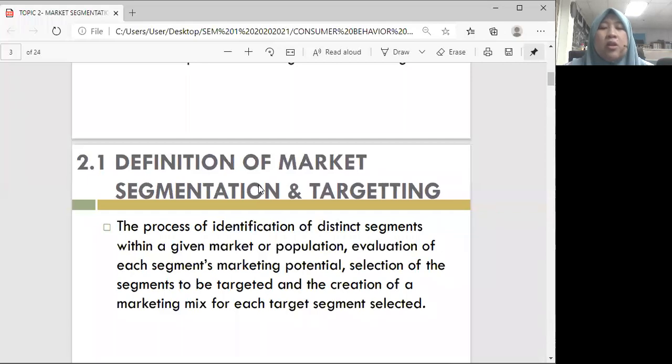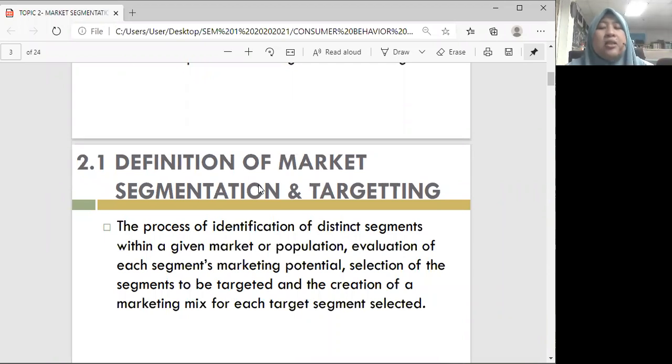And the evaluation of each segment's marketing potential, we will evaluate, analyze each segment that has potential for marketing. And the selection of the segment to be targeted, the certain segment that we want to target, that we want to try. Target is for those we have identified, that we want to target.